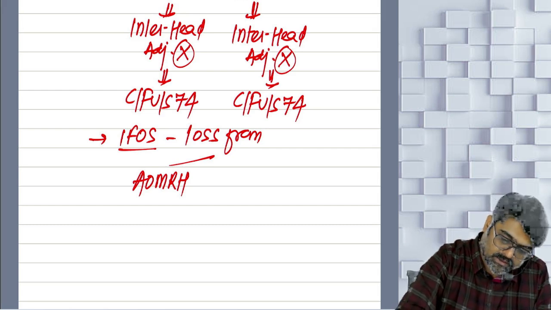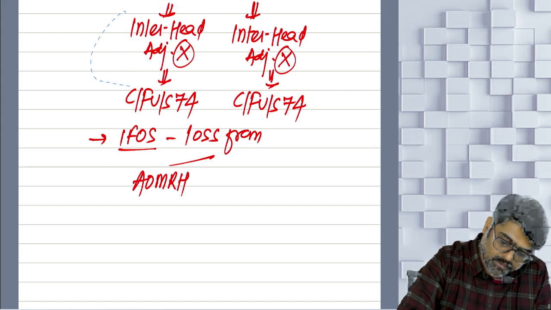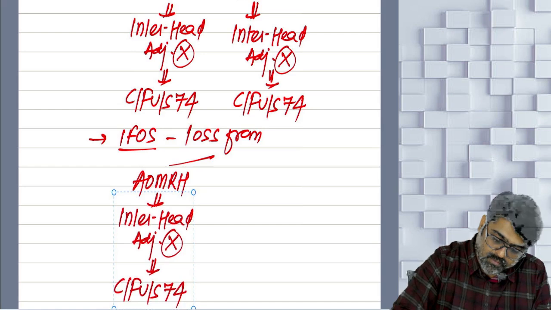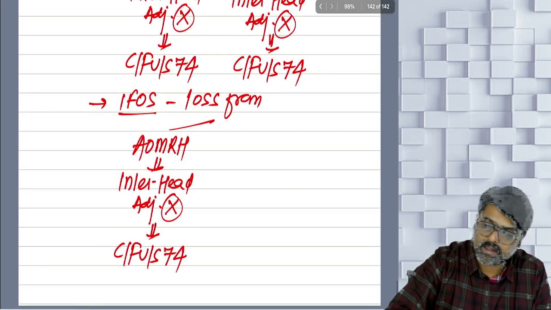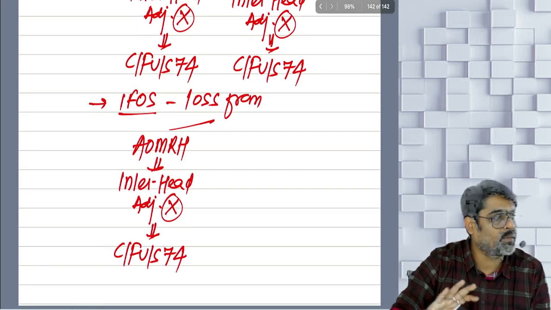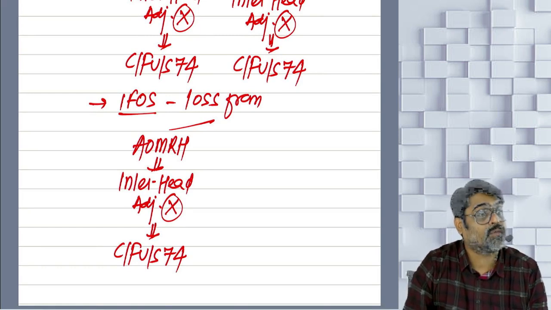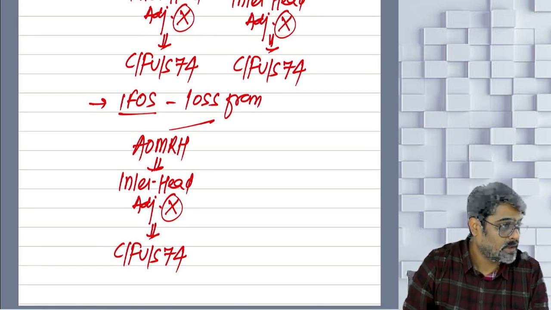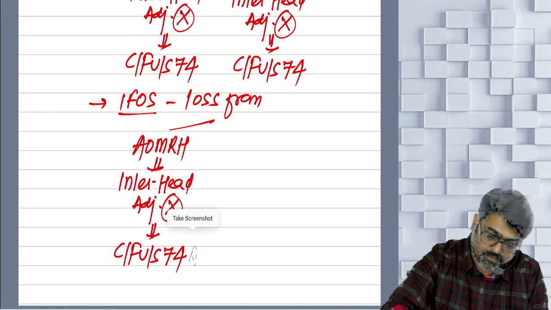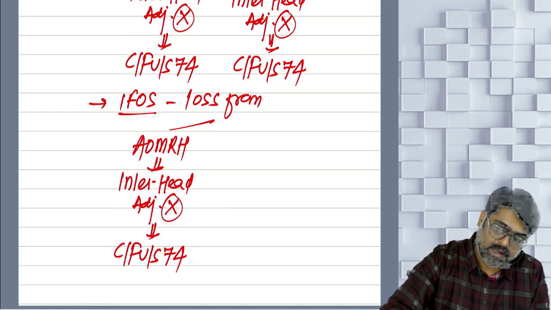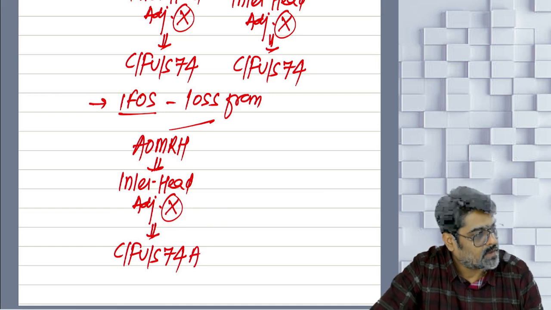So inter-head adjustment is not possible for this loss also. It cannot be adjusted against income of other heads. It will be directly carried forward under section 74A.